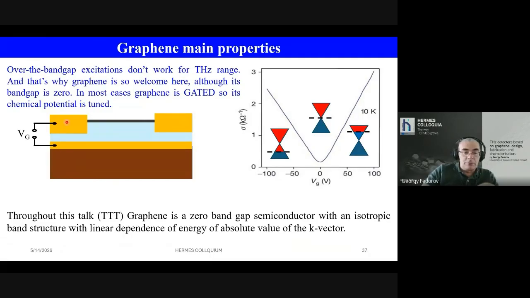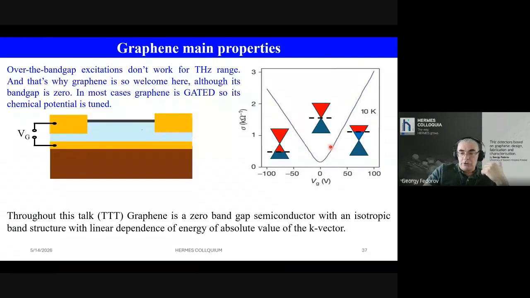If you apply voltage between the graphene layer and a gate electrode close to it, at a distance on the order of 10 or 100 nanometers, you charge this graphene layer, which acts as a plate of a capacitor, and you change the Fermi level position because it's just a single atomic plane. When you induce charges, you occupy more and more states in phase space, so you significantly shift the Fermi level.